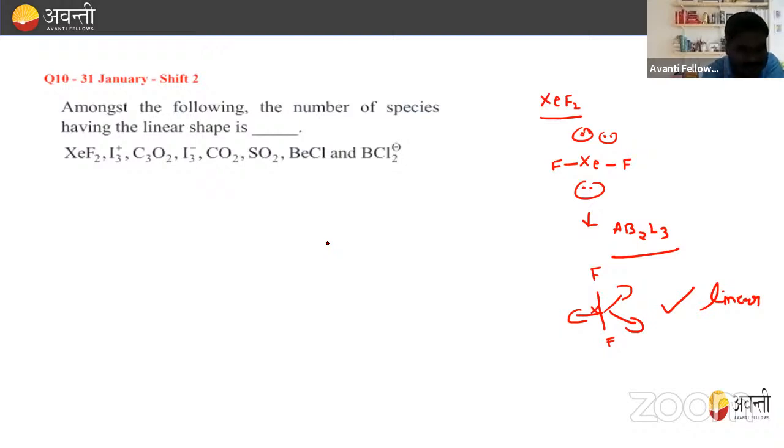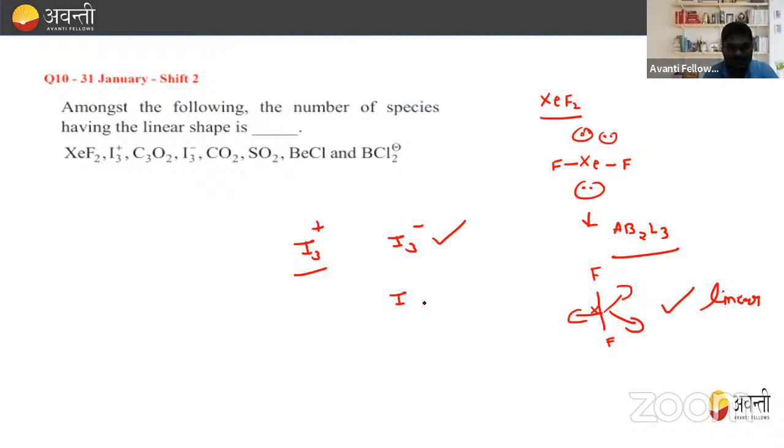Now, next is I3. I3 plus has which type of shape? And another is I3 negative. Out of I3 plus and I3 negative, I3 negative has linear shape. How can you say that? In I3 negative, how many electrons are present?